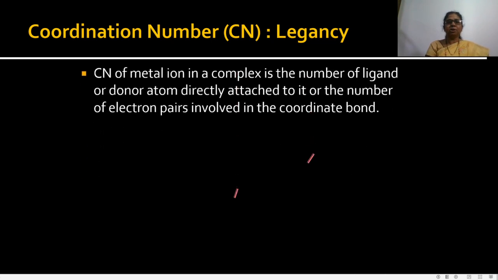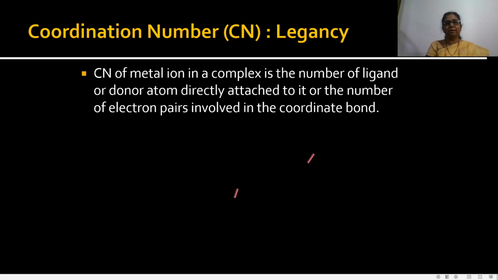Now see, the next term used in coordination compounds is the coordination number, also called the ligancy. The coordination number of a metal ion in a complex is the number of ligand donor atoms directly attached to it, or the number of electron pairs involved in the coordinate bond.